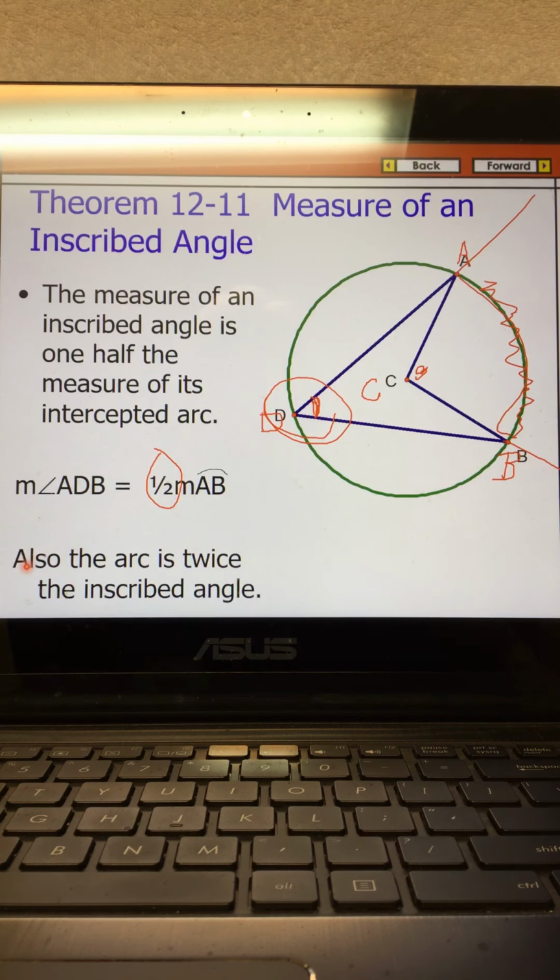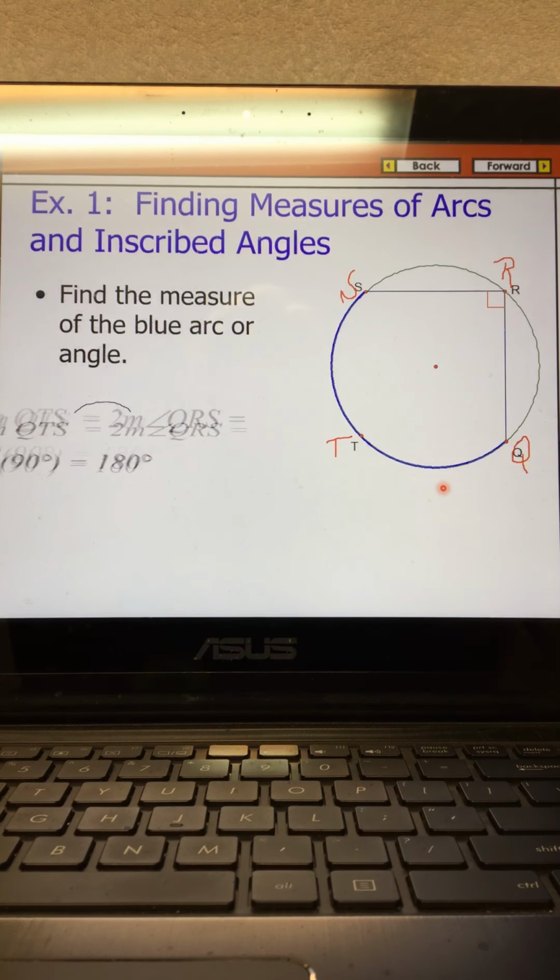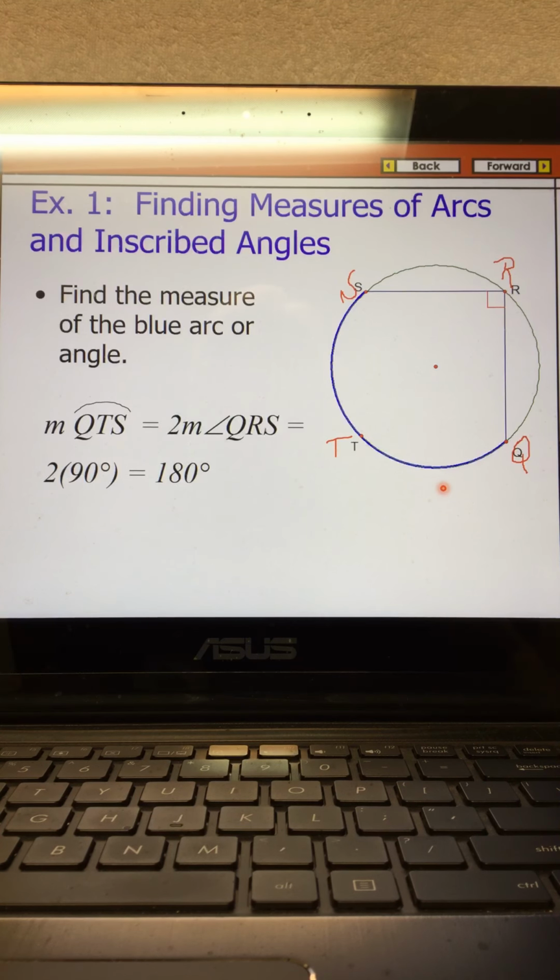Now you can reverse this process. If I knew this inscribed angle was 60, then the arc is twice the inscribed angle. So if this were 60, I would double it, and I would be able to tell you that the arc is 120. Okay, this says find the measure of arcs and inscribed angles.